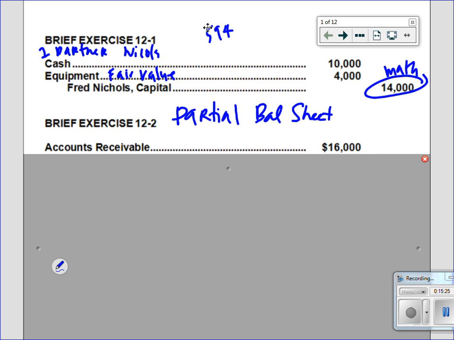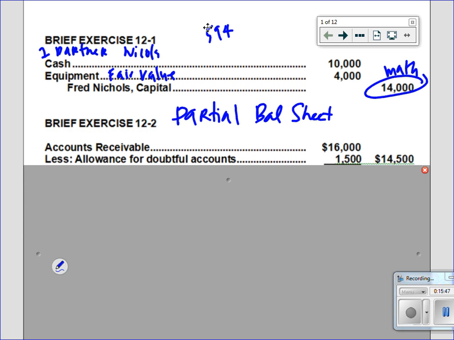So the AR book value is 16 grand. It gave you the allowance for doubtful, but here's where it gets a little bit tricky. Tell me what they decided it's going to be worth. Keep 14.5. So this number is actually the forced one at this point.